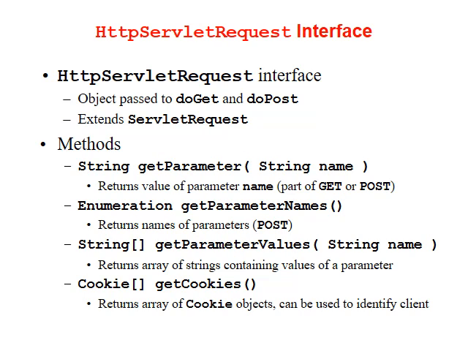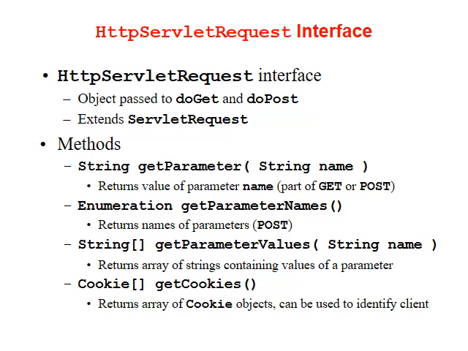HTTP servlet request interface. This is basically required for retrieving data from the client side. It does have some specific methods that can be considered important for client information retrieval.